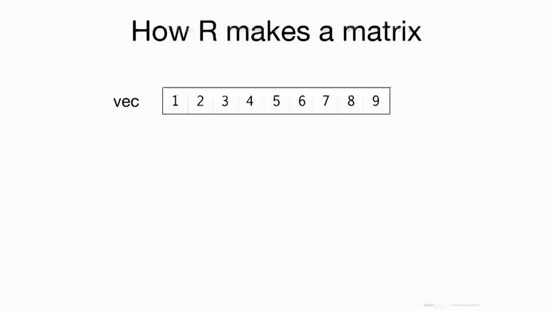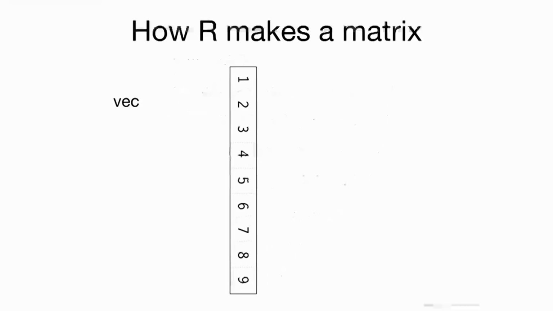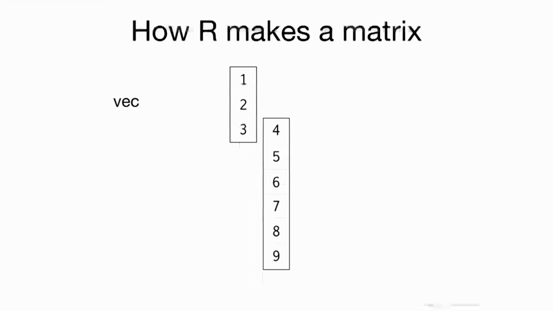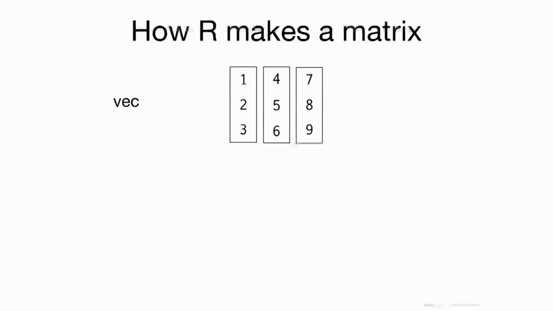And the reason R did this depends on how R builds a matrix in its memory. So if you want to know how R creates matrices, consider first how R saves a vector. It's just a group of numbers saved together. And if you took your vector and divided it up into subgroups, and you called those subgroups columns, then all of a sudden your vector would look a lot like a matrix.